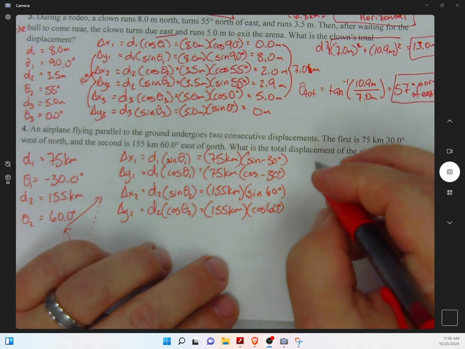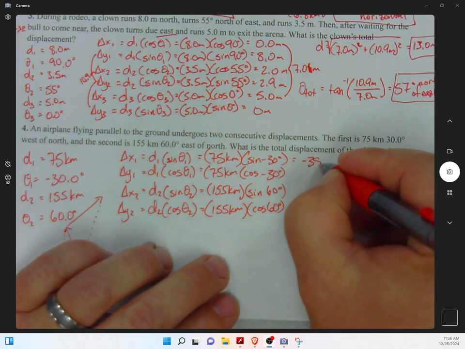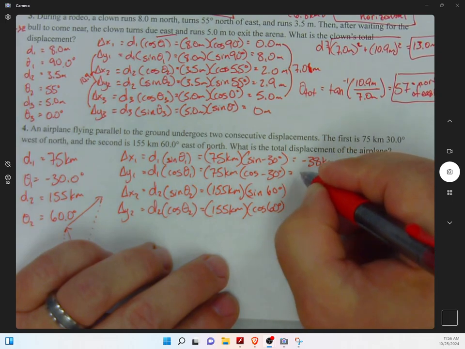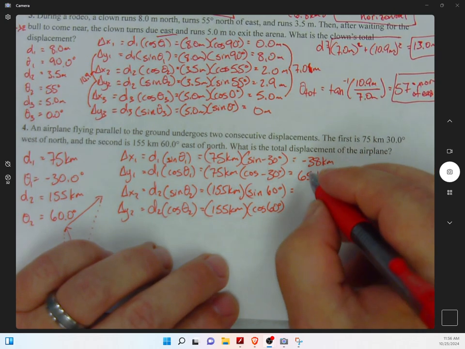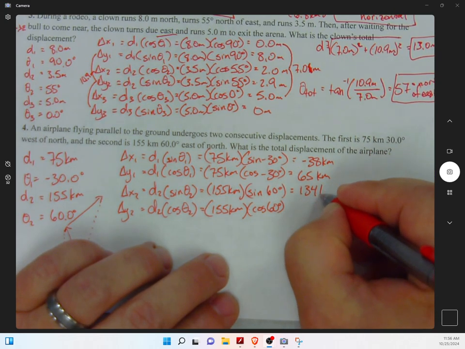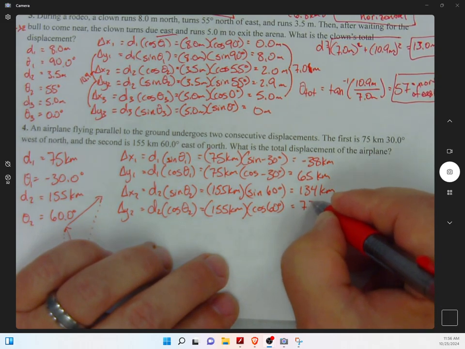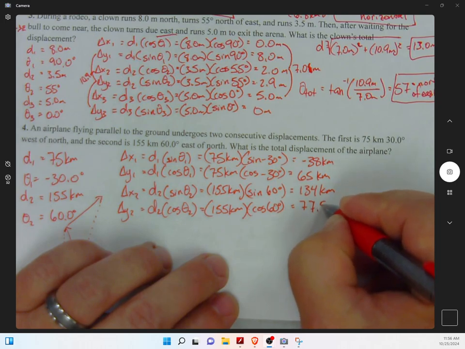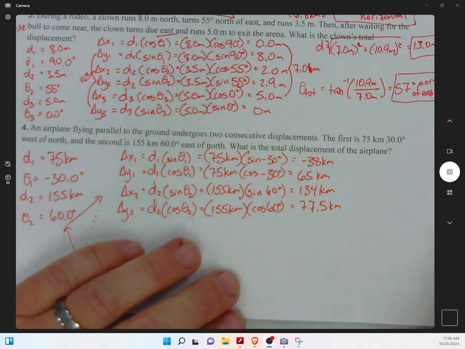We're going to come up with negative 38 kilometers for our first x component, 65 kilometers for our first y component, 134 kilometers for our second x component, and then 77.5 kilometers for our second y component.